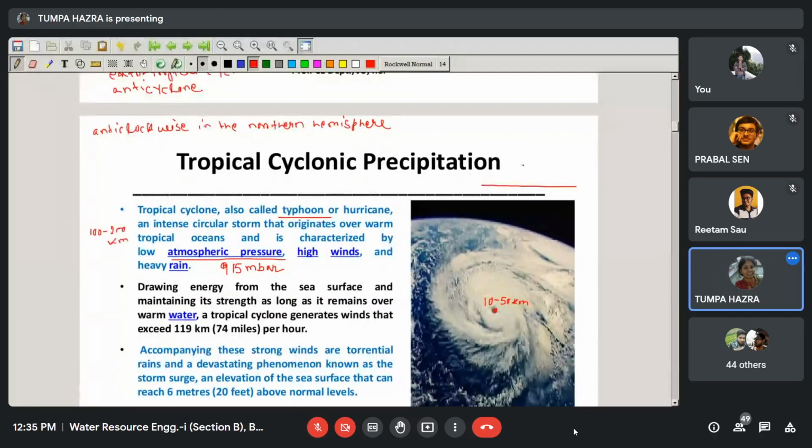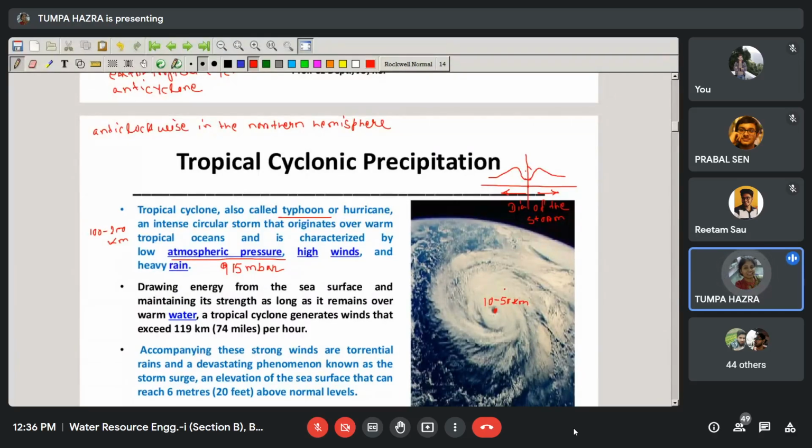If we plot, this is the center of the storm, the center of the cyclone. Now this is the areal extent, this is the diameter of the storm. Now if you plot the wind velocity, you will find the profile is like this.